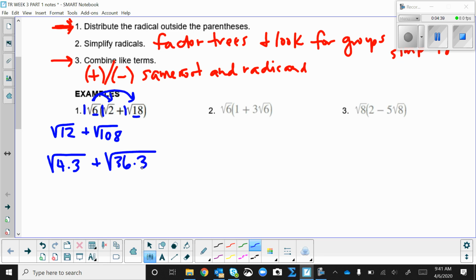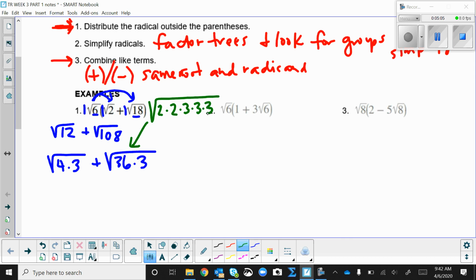Again, if you're not comfortable doing that ninja method, instead of 36 times 3, you can just do a long factor tree, which would look like this: 2 times 2 times 3 times 3 times 3.